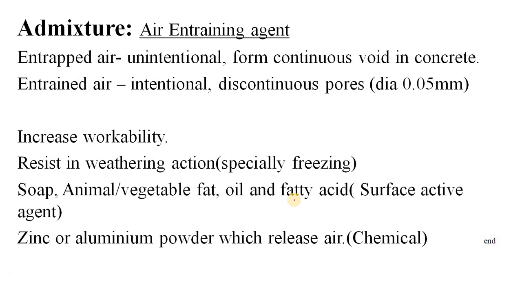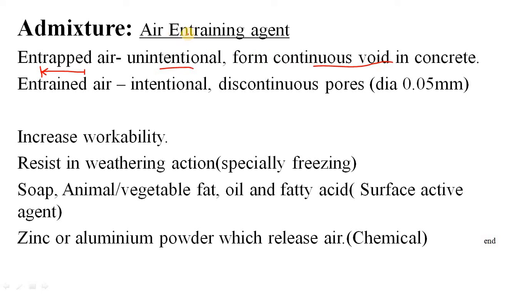Now the next type of admixture is the air entraining agent. I think you are familiar with entrapped air. In the videos where I discussed placing of concrete, I mentioned that during placing of concrete you have to use a vibrator. Why? To remove the entrapped air, because it is not at all desired, as it makes continuous voids in concrete, which makes your concrete weak.